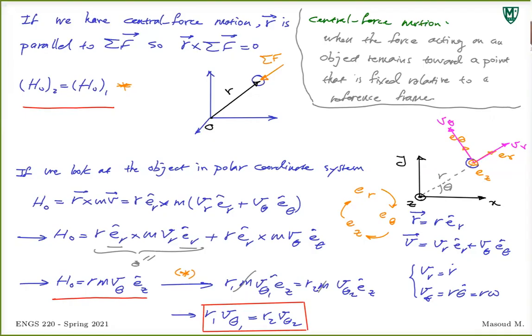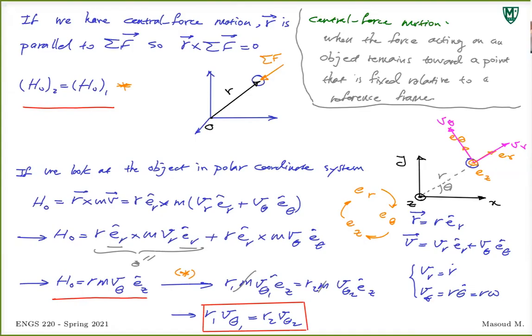Now, we said if you study this central force motion using polar coordinates, what we get is R1 V theta 1, or probably I should have put a cross to be more accurate, but R1 V theta 1 is equal to R2 V theta 2.